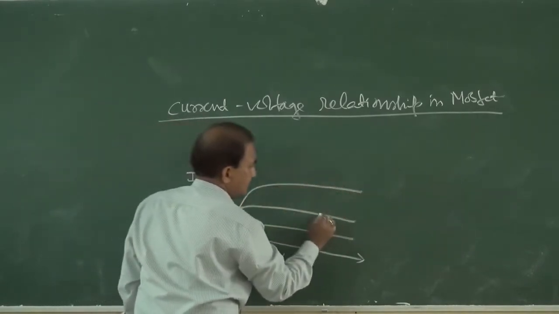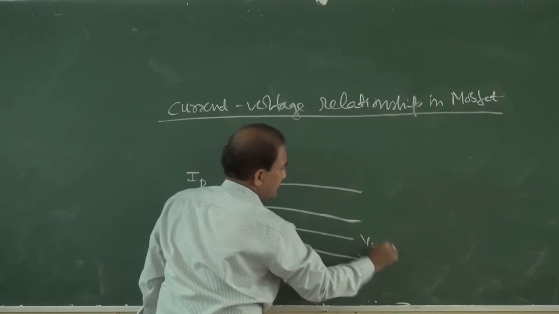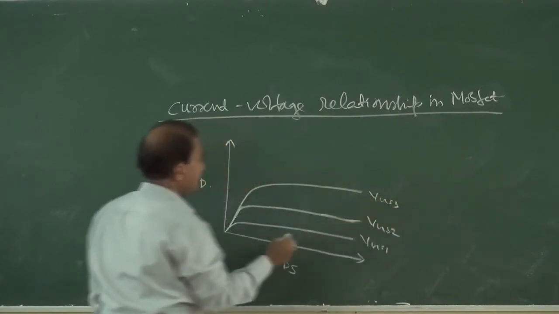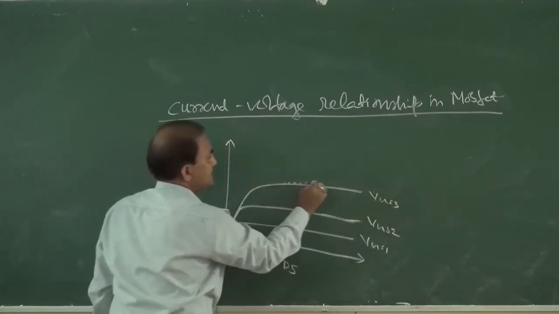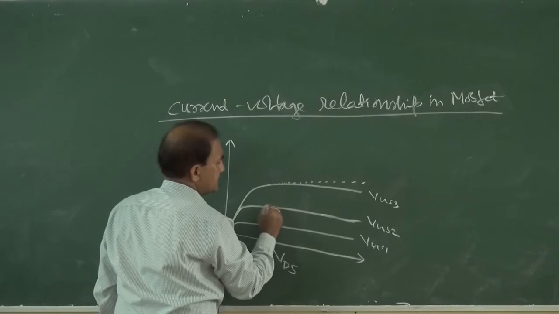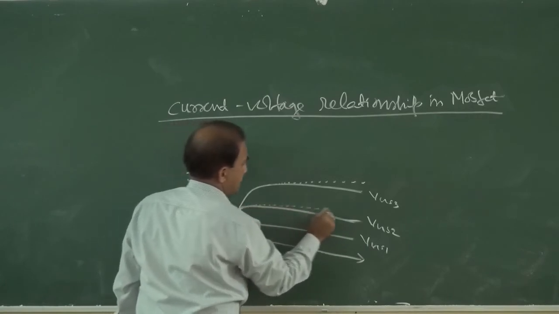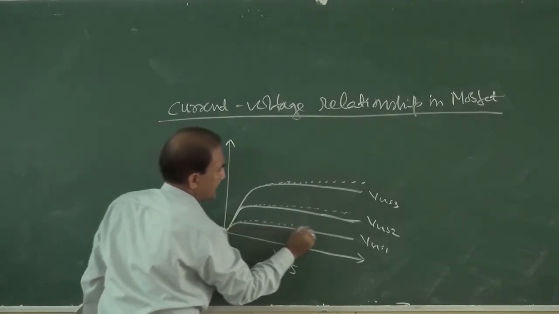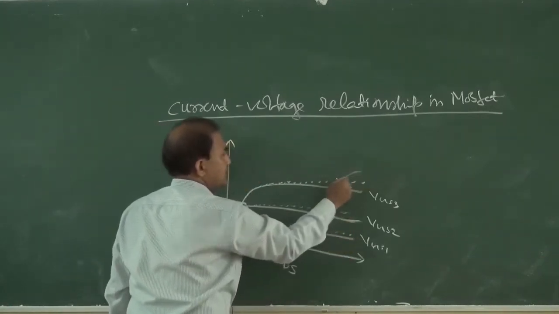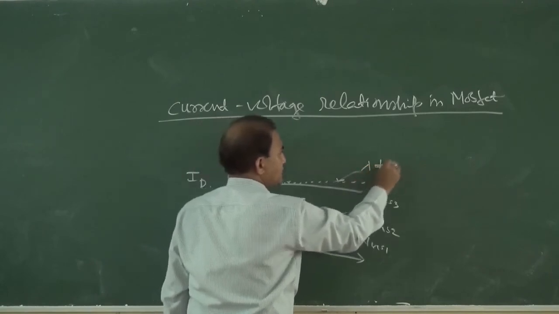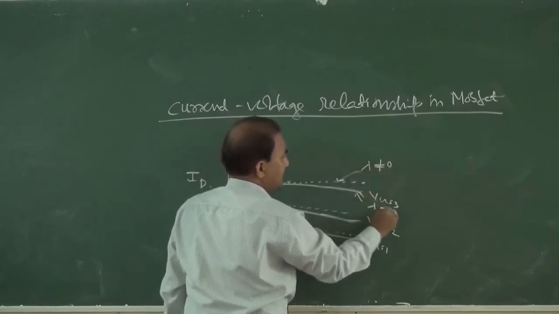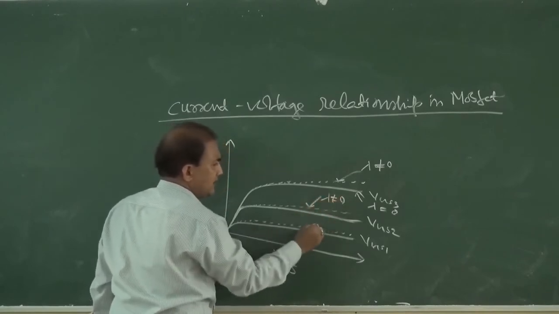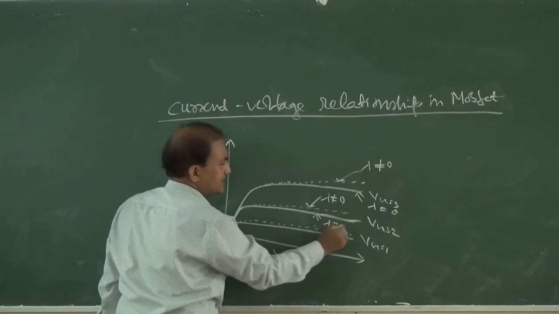Suppose this is for VGS1, this is VGS2, and this is VGS3. This is the dotted line, and similarly this is a dotted line. So this is the graph when lambda is not equal to 0, and this is when lambda is equal to 0.